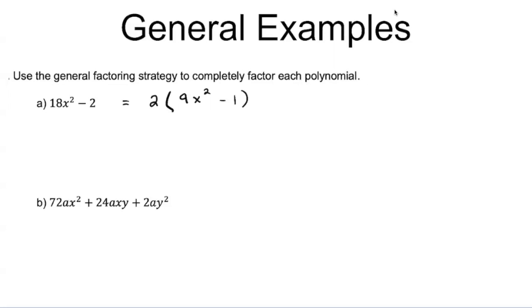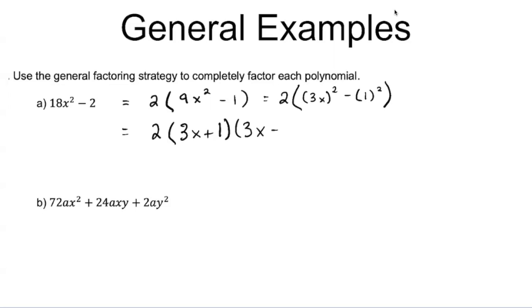The result is a difference of 2 squares. So it's 2 times 3x all squared minus 1 all squared, difference of 2 squares, giving me a final result of 2 times 3x plus 1 times 3x minus 1.